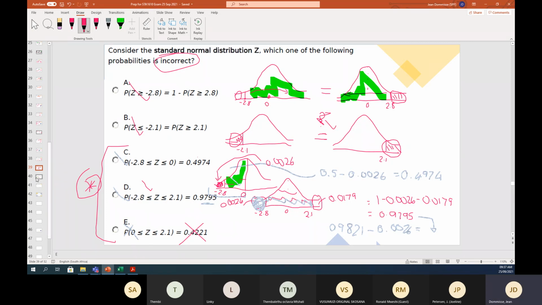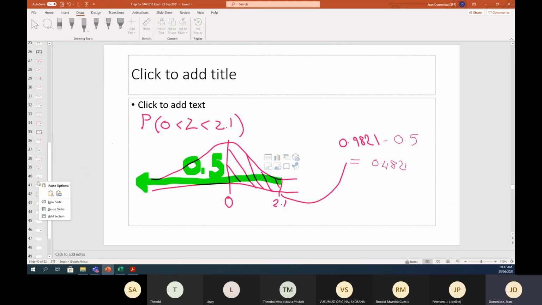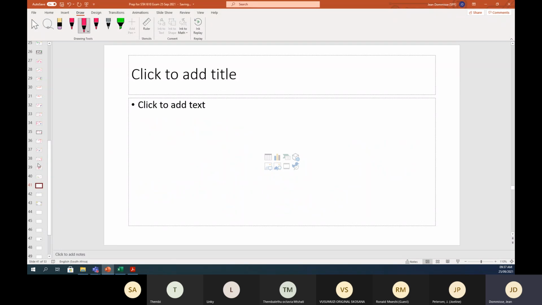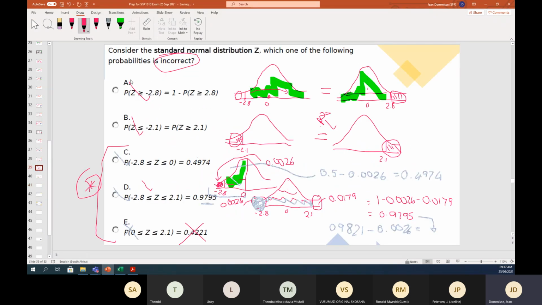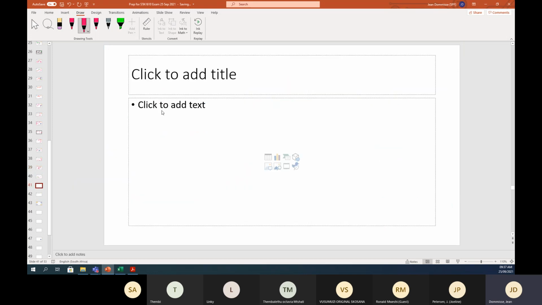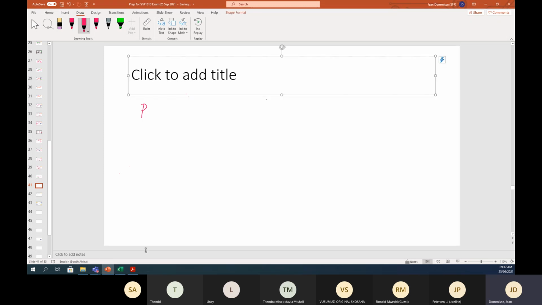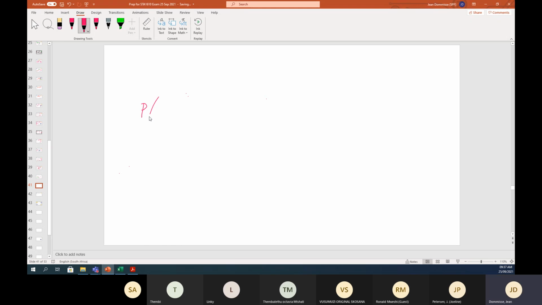Okay, let me add a new slide as well. So basically, the probability that X is, let me just get the wording right.